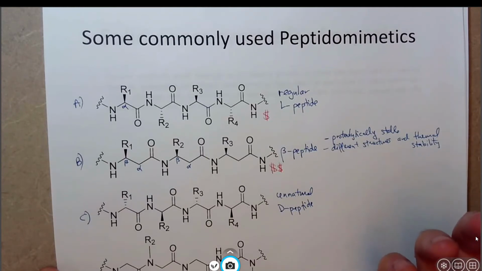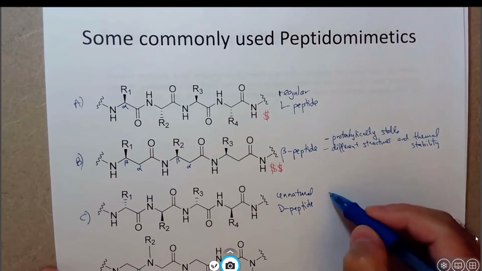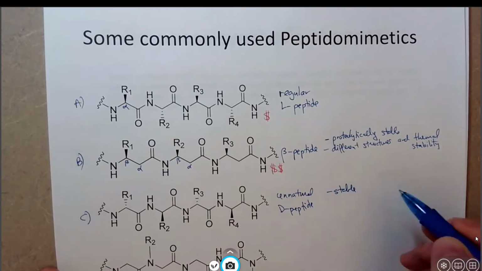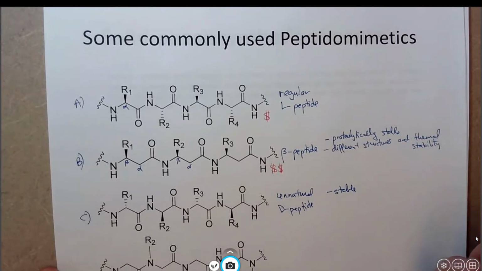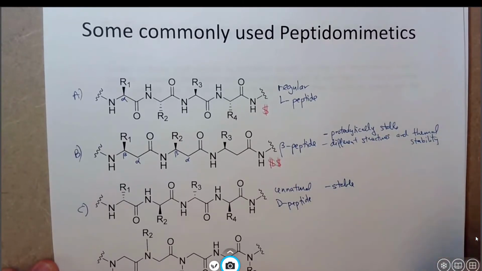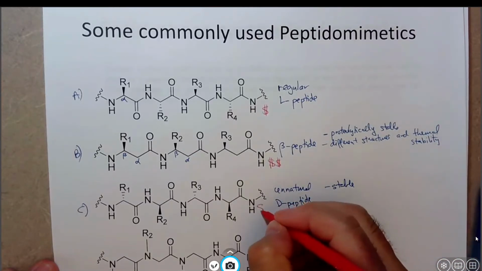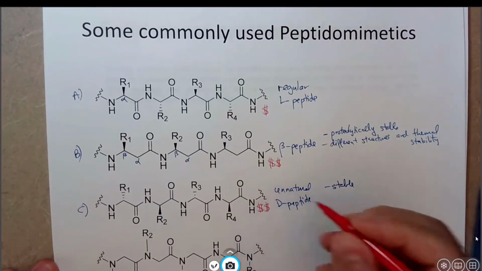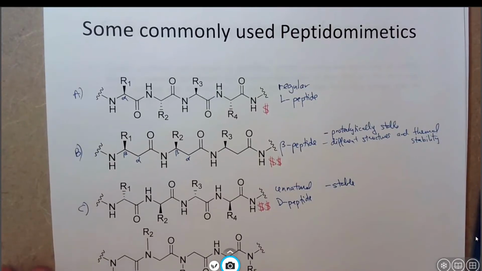So they would be quite stable in a cellular environment. You would expect to get the same type of structures as L-peptides, except it would be the mirror image. At the end of this unit, there's a very interesting application in which researchers used D peptides to solve a particular structure. Because they're unnatural and stereospecific, these ones are quite expensive to make.